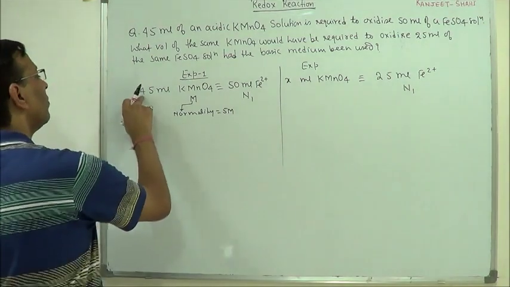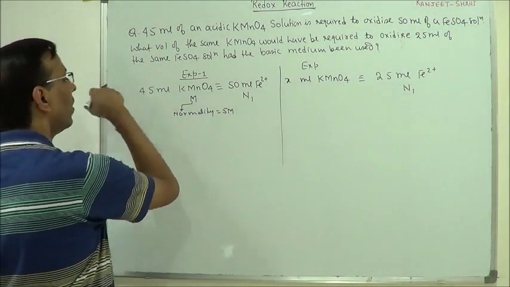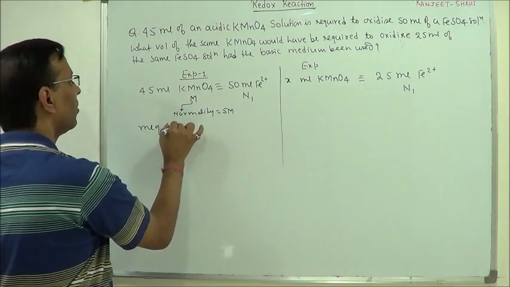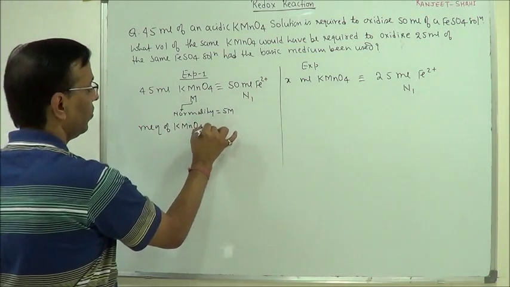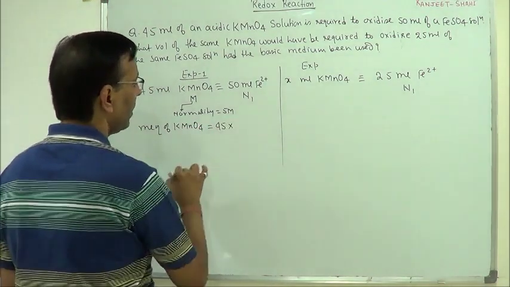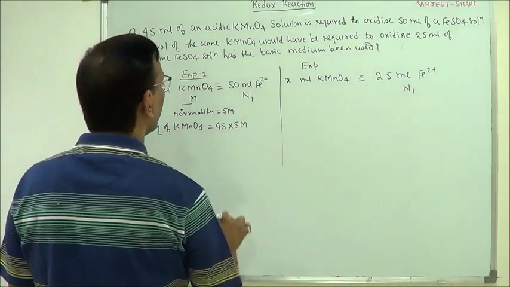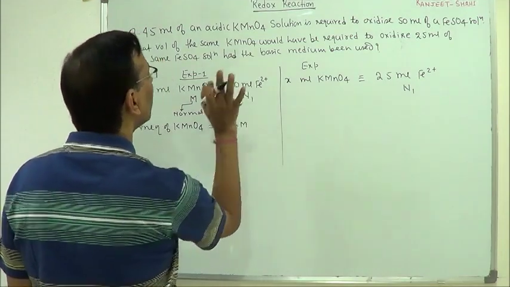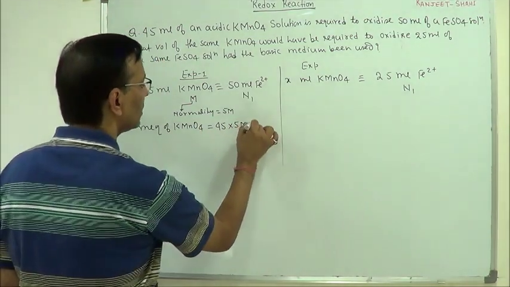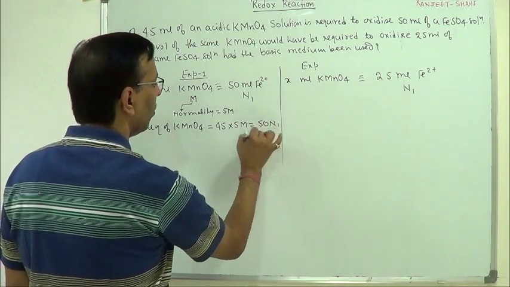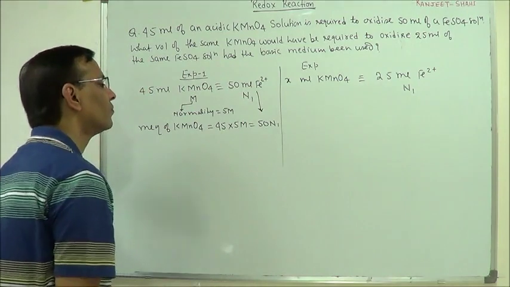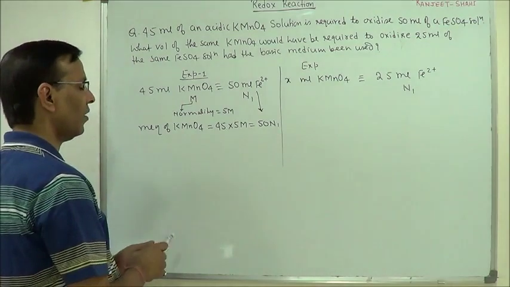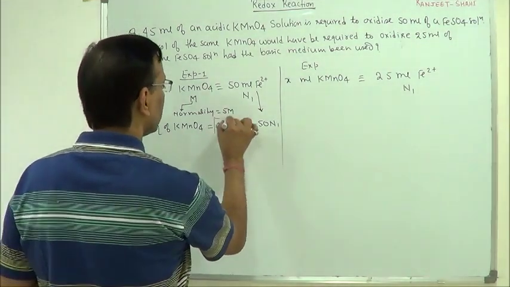So milliequivalent will be equal to normality multiplied by volume. That is, milliequivalent of KMnO4 will be 45 into 5M, normality into volume, and that will be equal to milliequivalent of ferrous iron, which is 50 N1. That comes from here. This is one relation we have got from the redox concept.